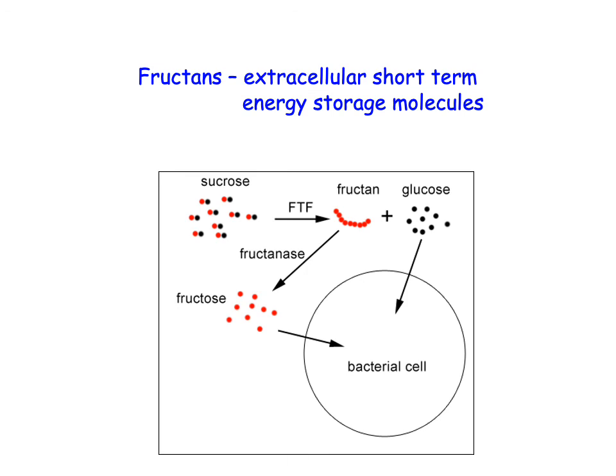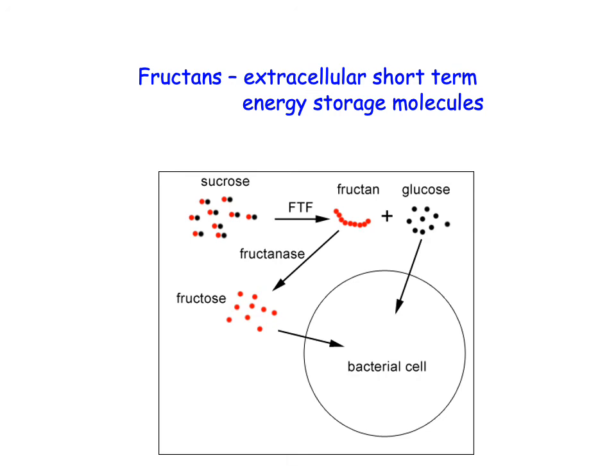Okay, so this represents that, and we see the sucrose represented by a red and a black dot. Remember, it's the disaccharide containing one glucose molecule and one fructose molecule. So the first thing is to break those into monosaccharides, and then if the cell needs energy, it will take that glucose and run it through glycolysis to produce energy.